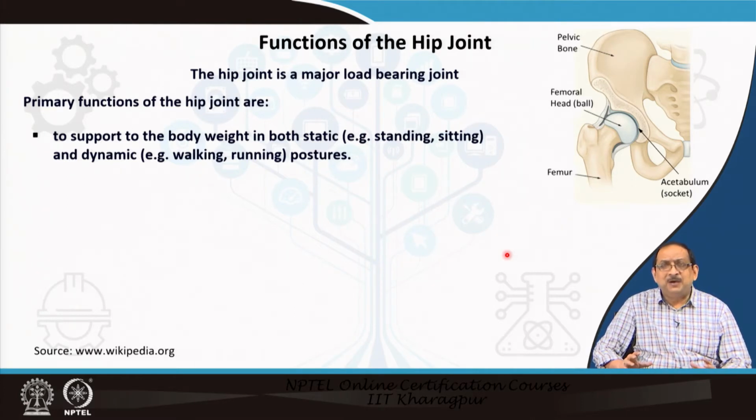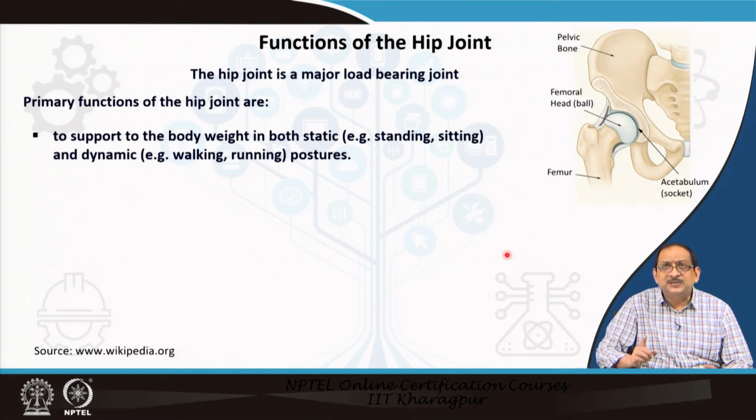Now, let us discuss the functions of the hip joint. The hip joint is a major load bearing joint. The primary functions are to support the body weight in both static and dynamic postures.